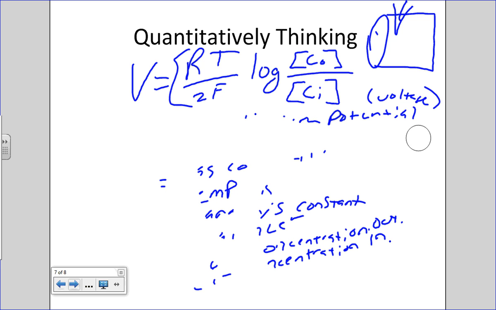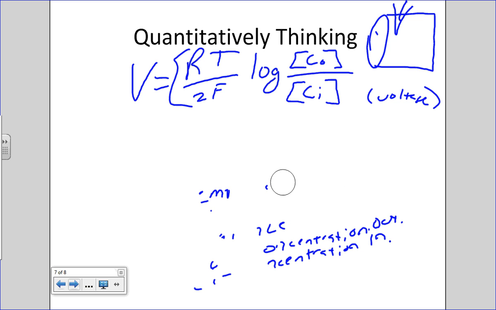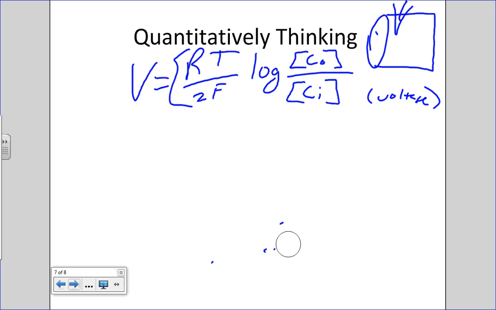We're not going to do all that, because that's not the part that we really need to focus on. The part we need to focus on is the second part of the equation. When we take all these constants and environmental information and put them together at a temperature of 37 degrees centigrade, we will come out with 61.